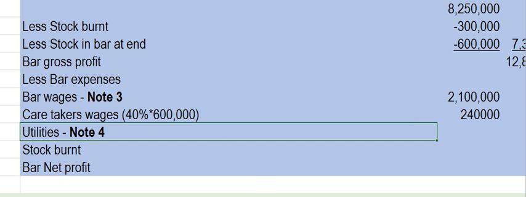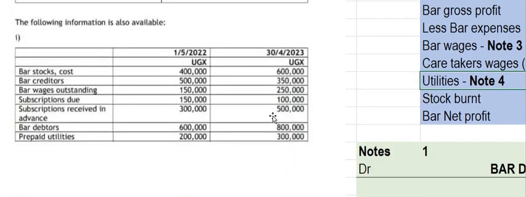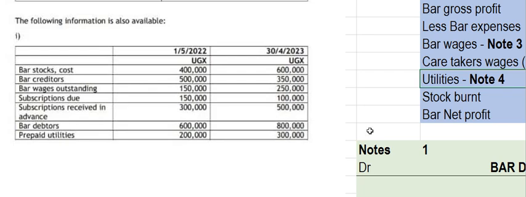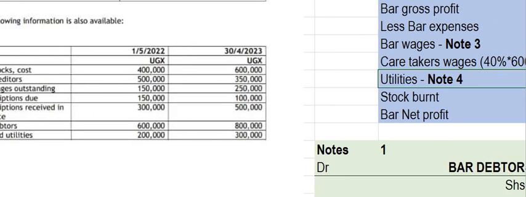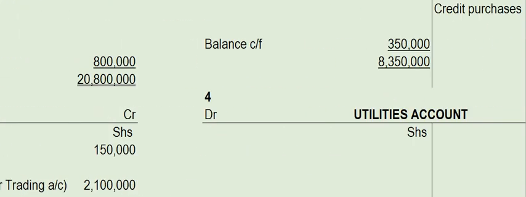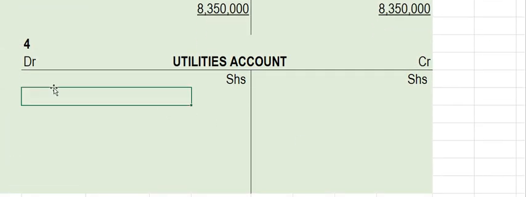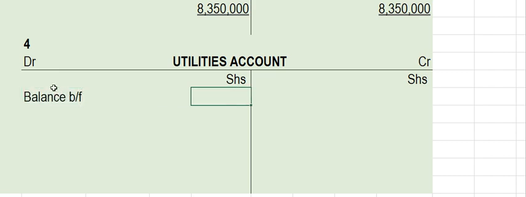Utilities, I see you have utilities that were paid during the period, but the club still had prepaid utilities at the start as well as at the end. So you still have to prepare the utilities account. Prepaid utilities are an asset to the club. So I'll enter the balance brought forward on the debit, that is 200,000.